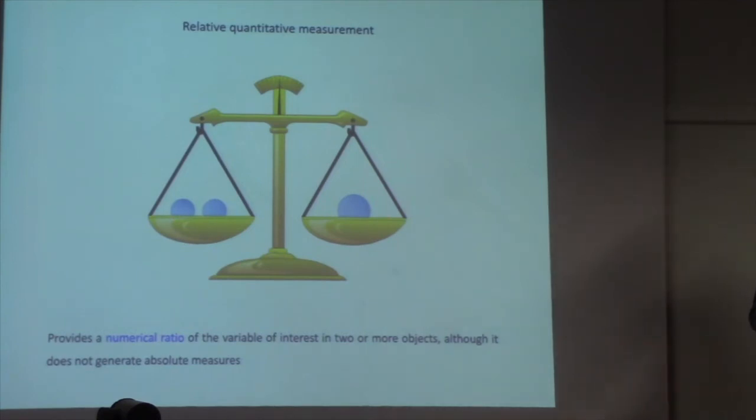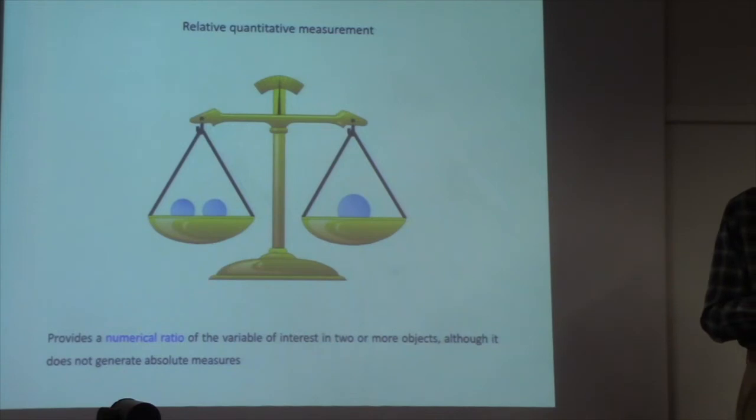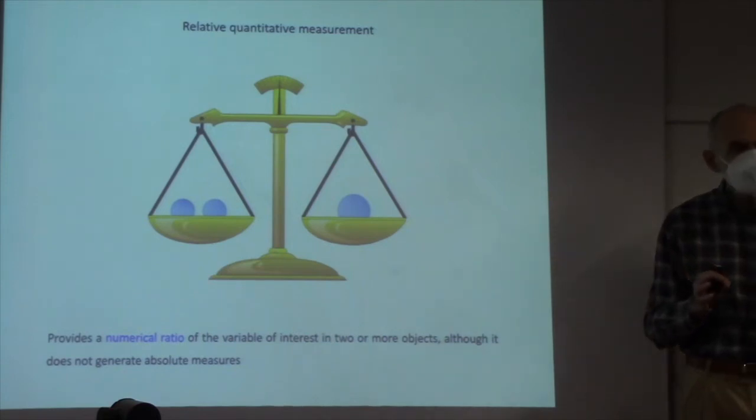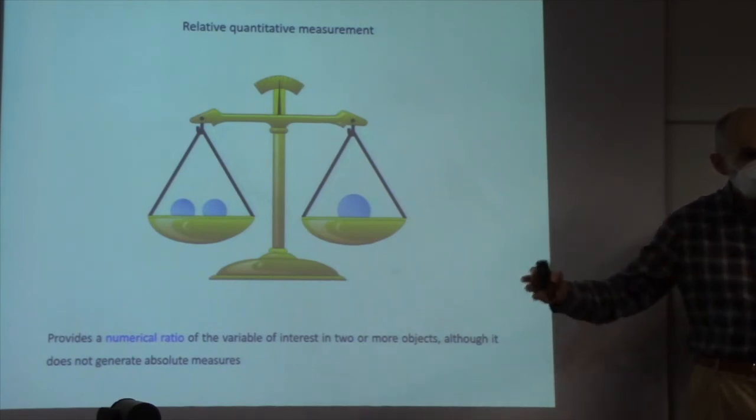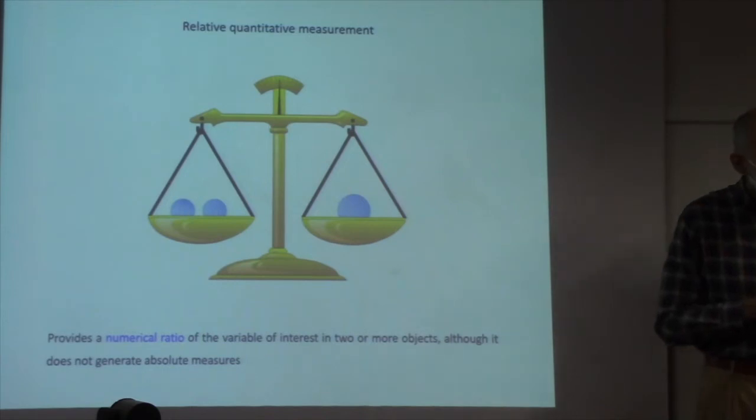And this is very useful because, particularly in biology, most often, we are not interested in absolute measurements, but rather in variations. Oftentimes we say, this gene is expressed tenfold more in this situation than in this other. Or we say, the population of fish has decreased by 50%.